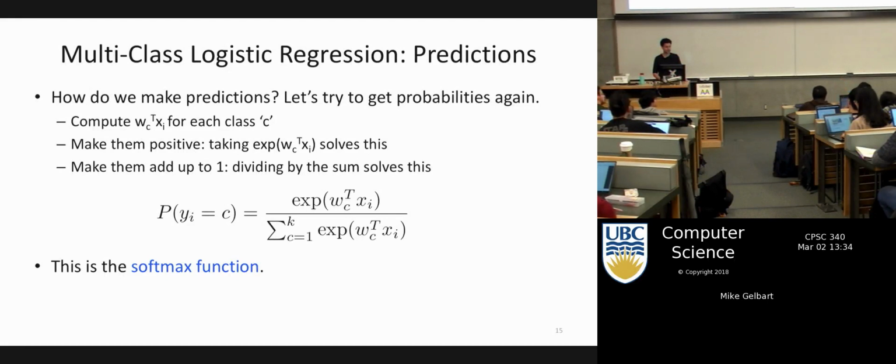The only thing that kind of bothers me is why W has D dimensions. So the big W is D by K, but why does W have D dimensions? Because for the linear classifier, all these linear models we're talking about, it's always W transpose X. It's one weight per feature, and we're always taking this weighted sum of the features. So just like in linear regression and logistic regression, we also have our weight vector of length D, and now we just have K of them stacked into a matrix.